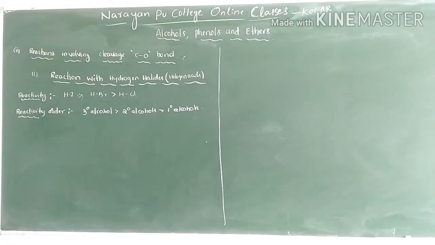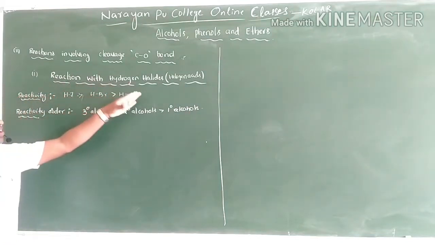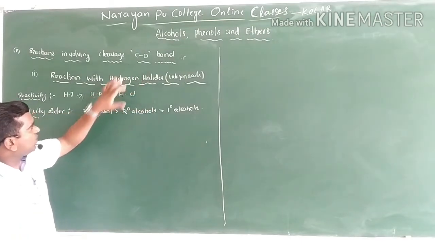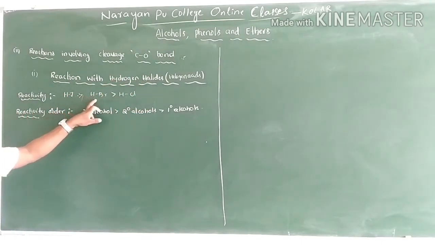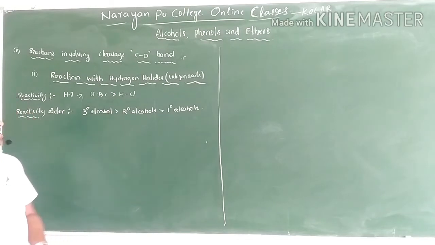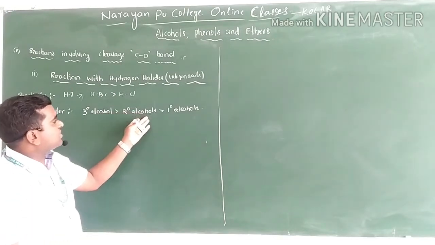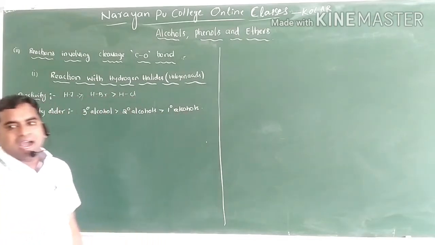So this is the concept. For the halogen acids, HI is more reactive than HBr and HCl. And for alcohols, tertiary is more reactive than secondary, than primary.